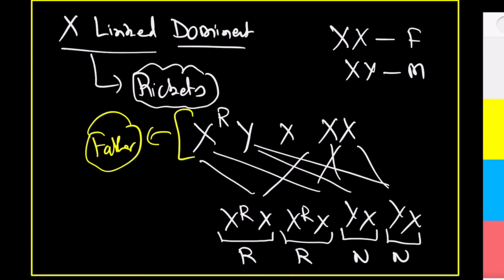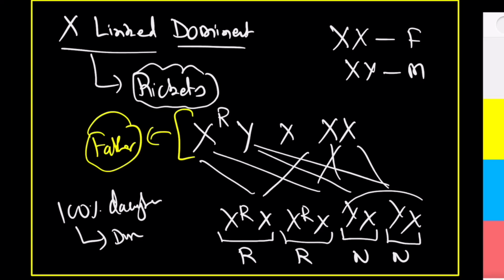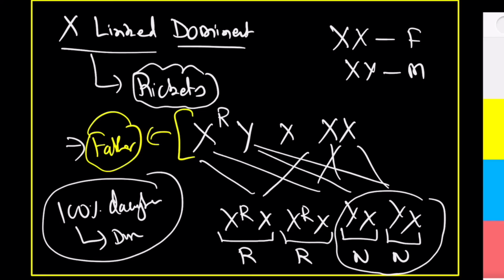So 100% of the daughters are going to suffer from the disease, while the sons are normal. Earlier the disease was in the father, now it gets transferred to the daughter. And this is going to happen in the case of X-linked dominant inheritance.